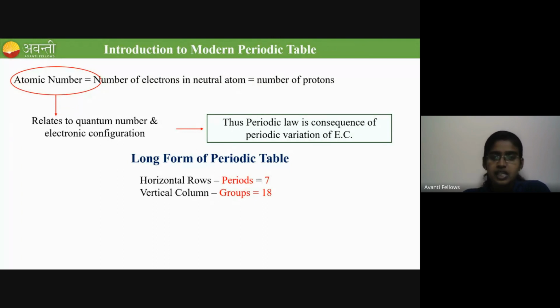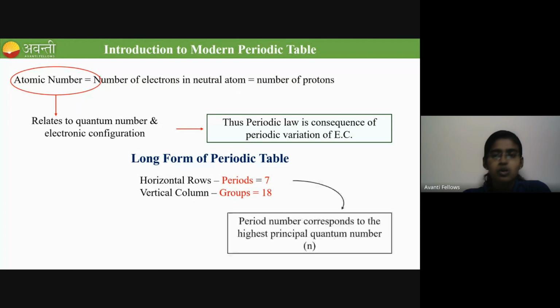In the modern periodic table, the period number corresponds to the principal quantum number. I told you about the 4 quantum numbers. The first quantum number is the principal quantum number, represented by the letter n. So n represents the period number.